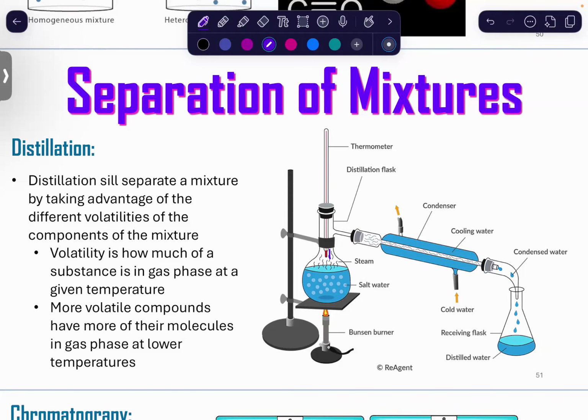That gas will go up and down into the distillation column where you have cool water or some kind of coolant on the sides, recondensing it, and then it drips out into the flask on the other side. Whereas the less volatile compound remains in the original flask.